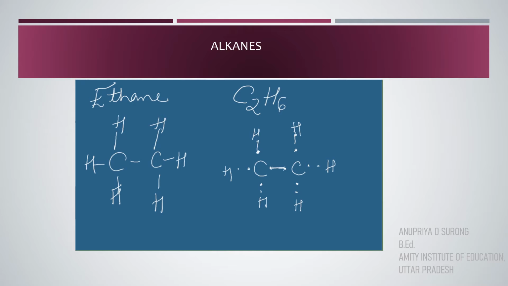So this is how the structure of ethane is formed. So if you count, 2 carbon atoms and 1, 2, 3, 4, 5 and 6 hydrogen atoms. As simple as that.